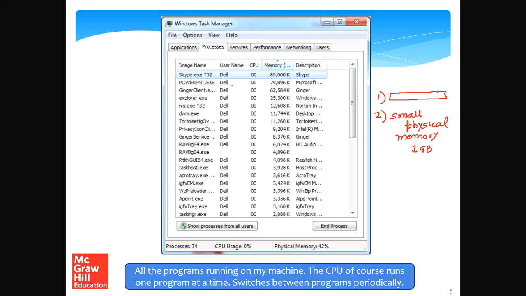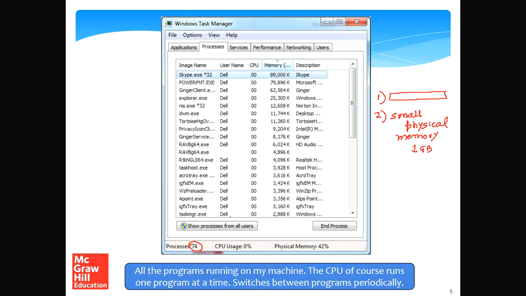I'm running PowerPoint, which is taking around 79.8 megabytes. Then I'm running many more programs; if I scroll down, I'm running 74. A process is actually a running instance of a program, so I'm running 74 processes.